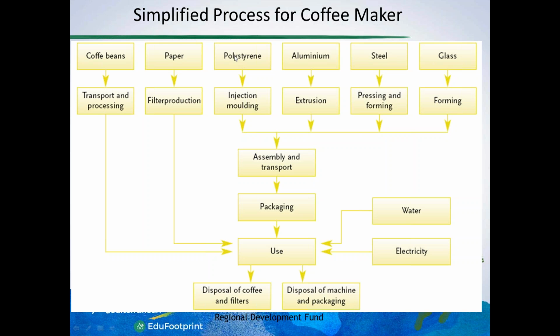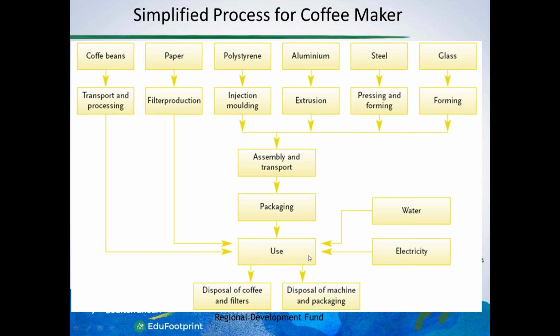All these materials, polystyrene, aluminium, steel, and glass, are used to be put together, and have to be transported, have to be packaged, and then there is the use phase.